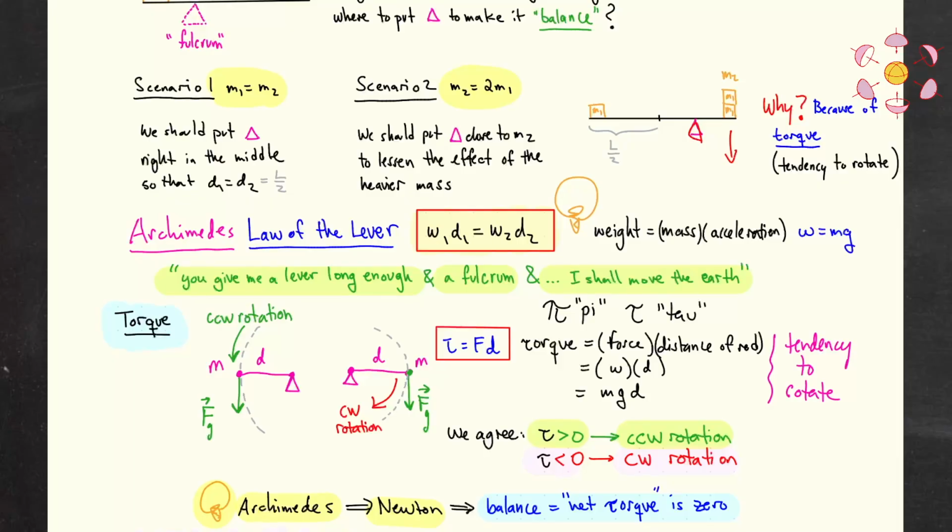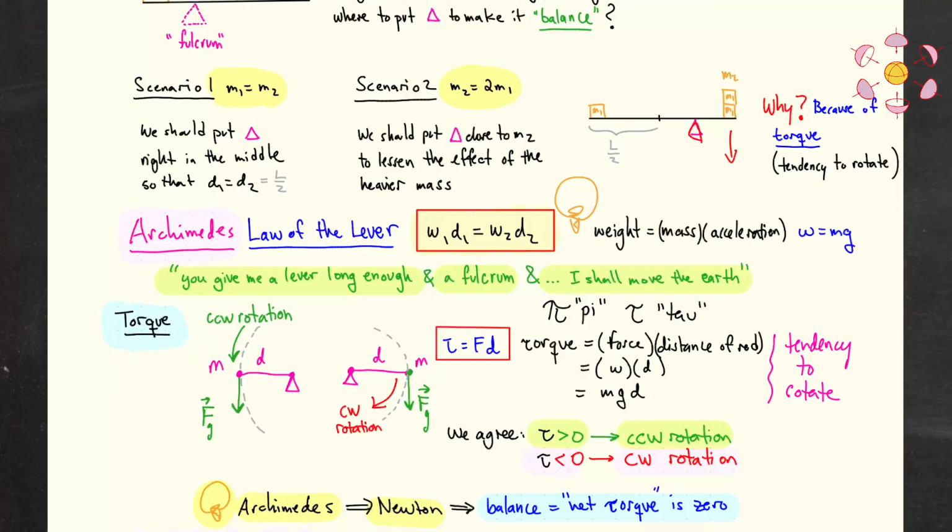So this is something that Archimedes, absolutely my favorite mathematician ever, introduced, this principle of the lever, which essentially says that weight 1 times distance 1, distance would be distance to the fulcrum, is equal to weight 2 times distance 2. And essentially here weight is of course mass times acceleration.